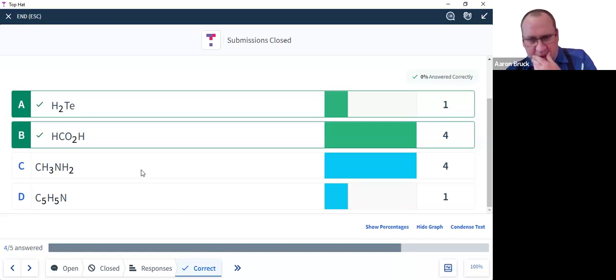So, the response from the question, I didn't write the question. The response from the question is definitely B, which we knew. I'm not surprised that they said that C was wrong, just because based on what we know about nitrogen, what I want you to think about is we showed that example of ammonia.